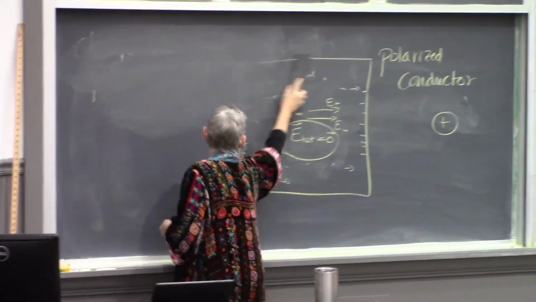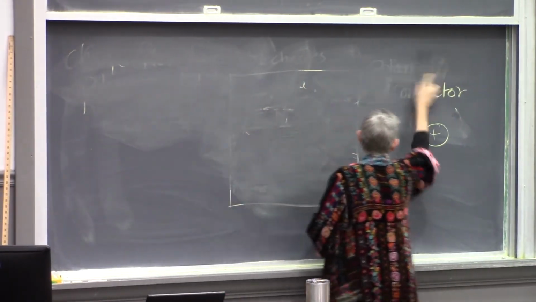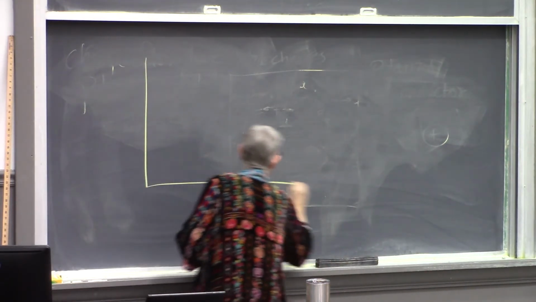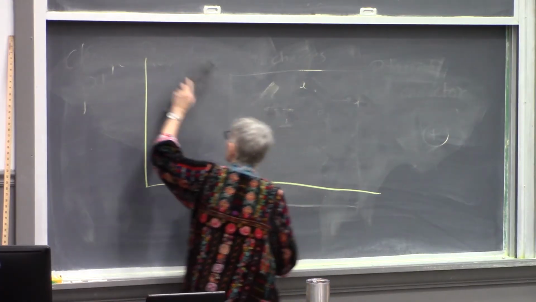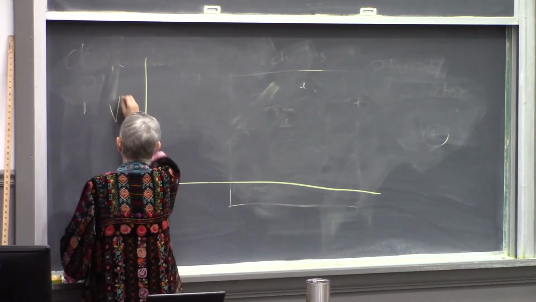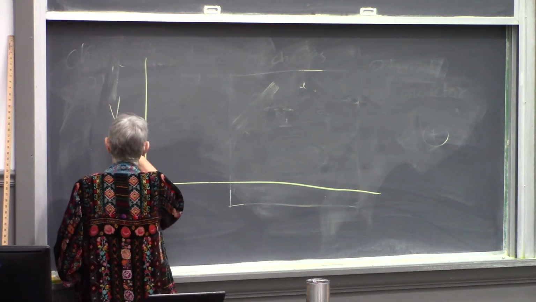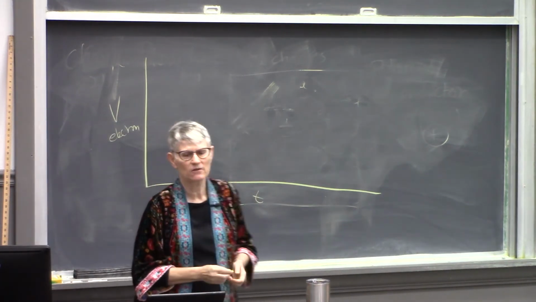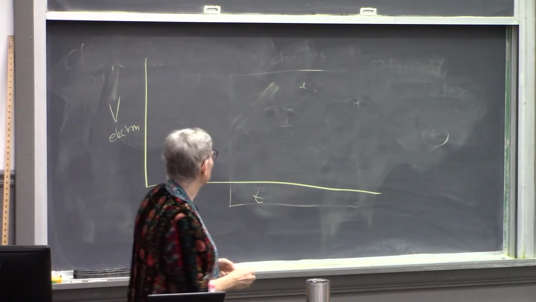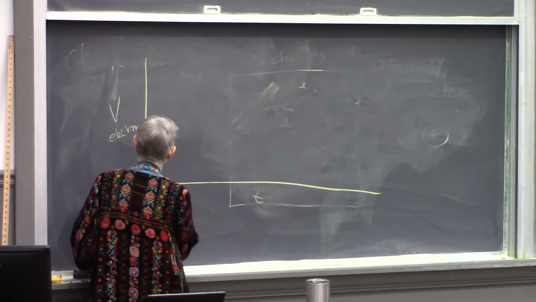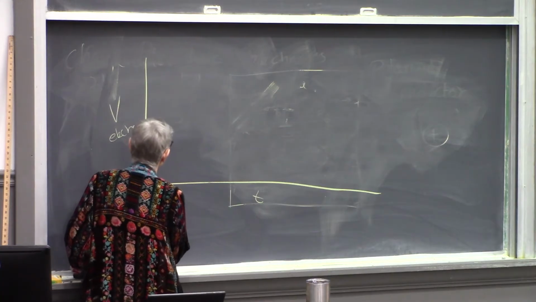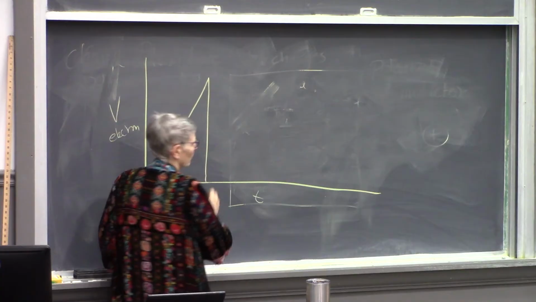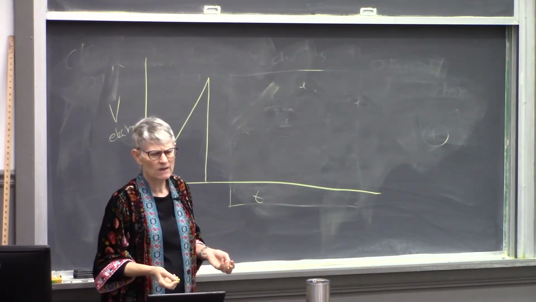And if we graphed something like the speed of an electron versus time in the presence of an electric field, we might get something like this, where there's an electric field, so it speeds up, speeds up, speeds up, crashes into the lattice and stops.